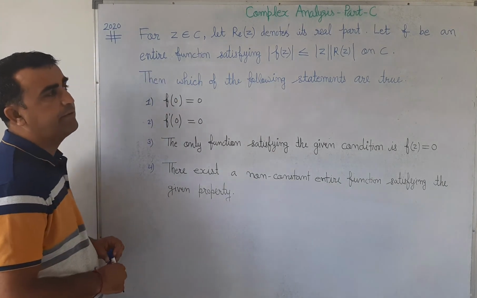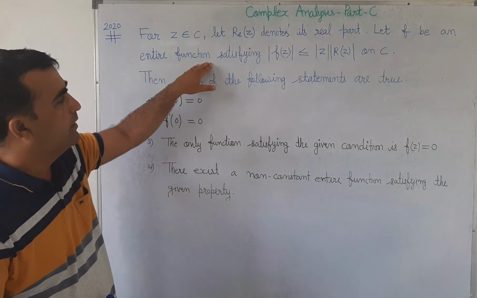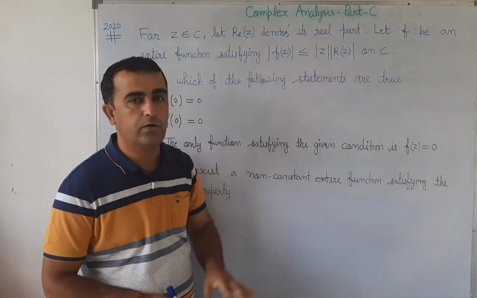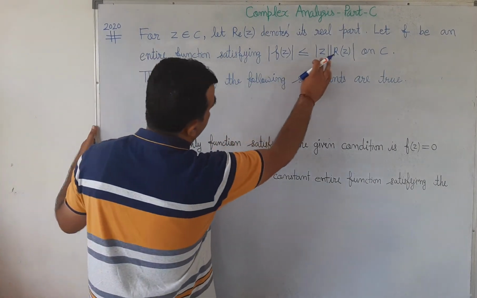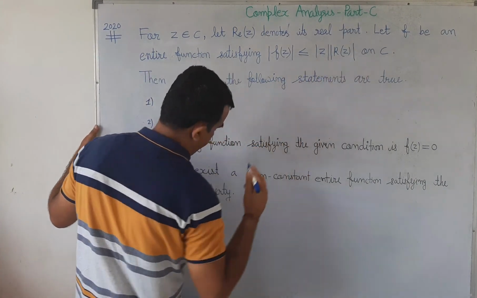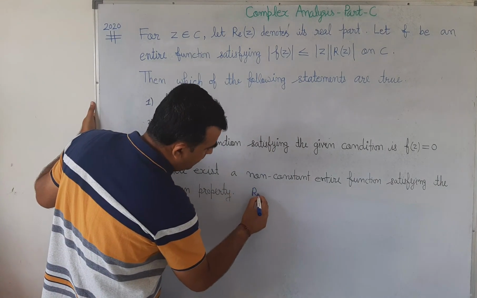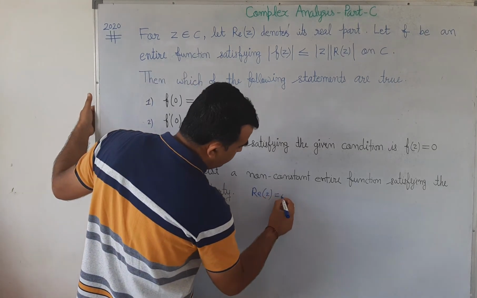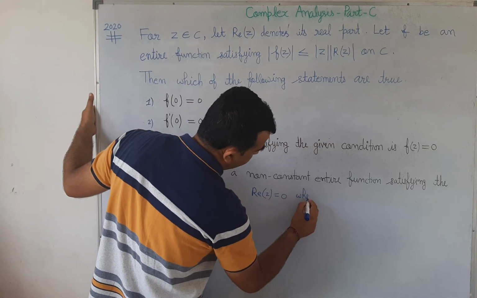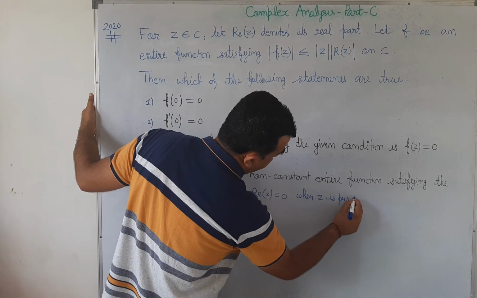Here mainly we have been given two points. This f is an entire function and holds this condition on the whole of C. From this condition we observe this part, and we know the real part of z is 0 when z is a purely imaginary number.